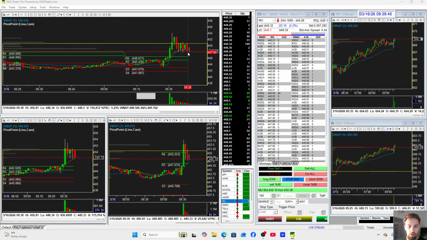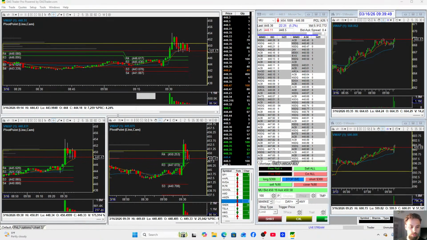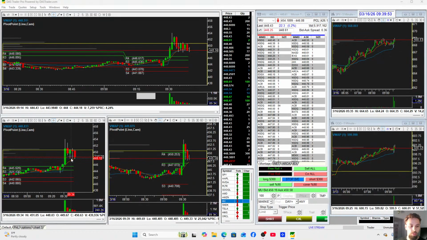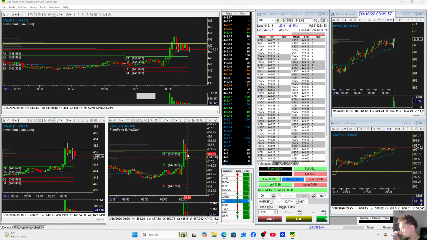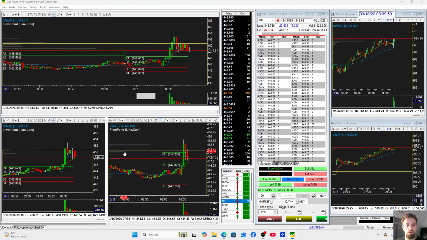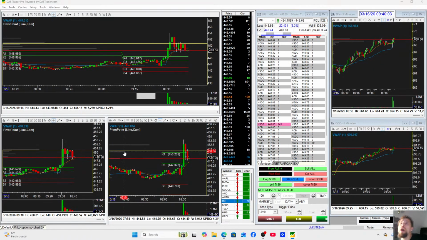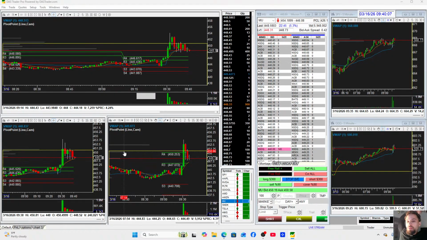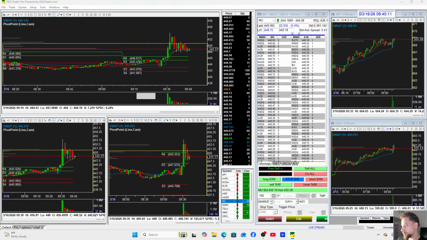Still watching MU here, guys. Curious to see if it's going to lose this area of support here at 448. You can see a couple wicks on the 2-minute chart. Pretty obvious signal support. So let's see if the buyers are going to step in there.